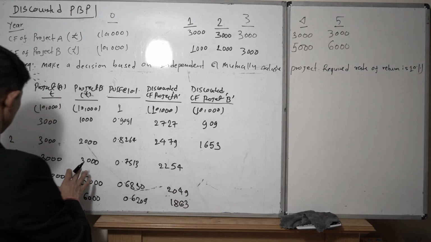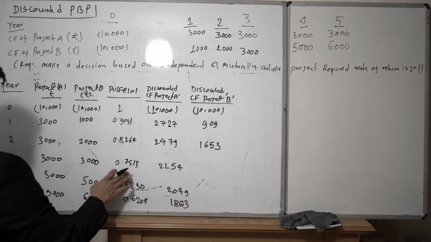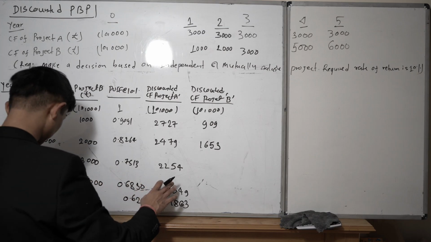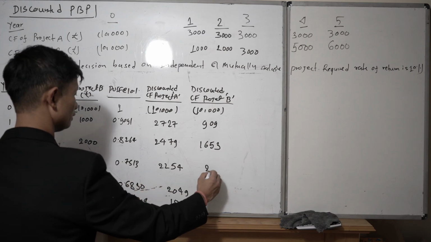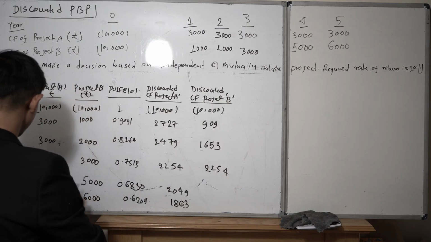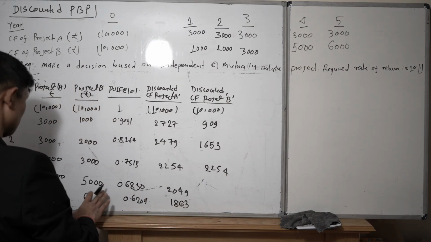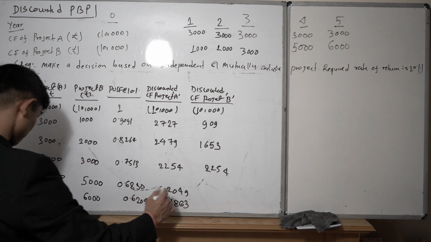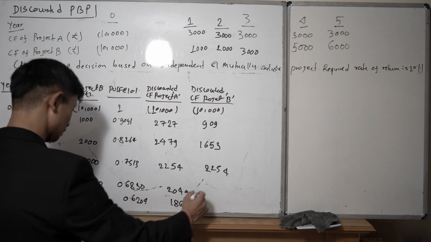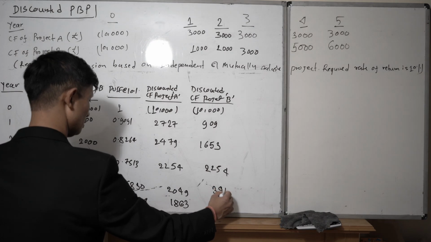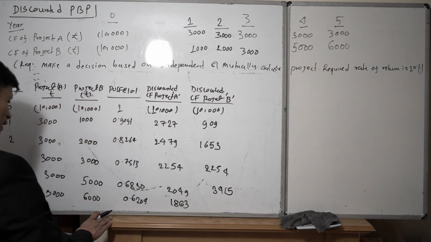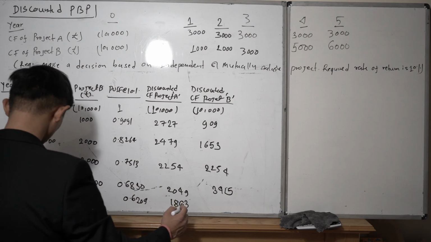In year 3, multiply 3,000 by 0.7513, we get 2254. In year 4, the cash flow is 5,000. 5,000 multiplied by 0.6830, we get 3415. Lastly, 6,000 multiplied by 0.6209.